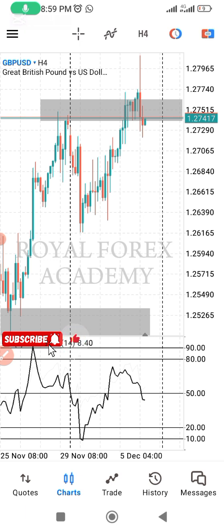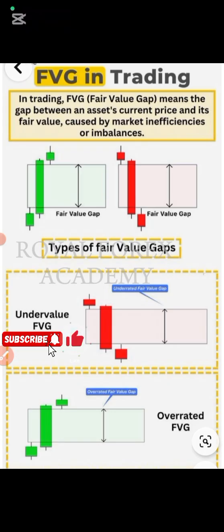One of those critical zones where price makes a reversal from is what we refer to as a fair value gap. By way of introduction, in trading, fair value gap means the gap between an asset's current price and its fair value. And this is caused by market inefficiency or imbalance.